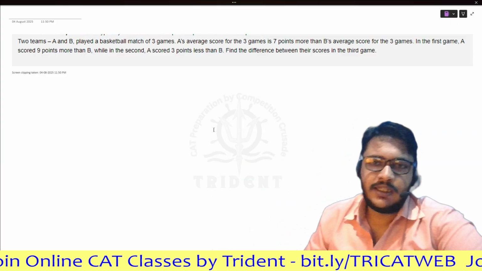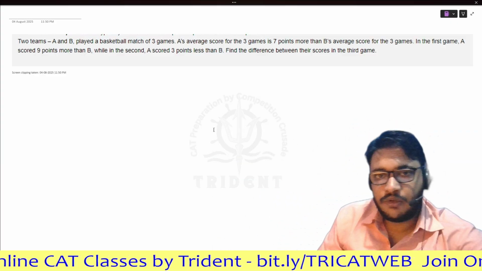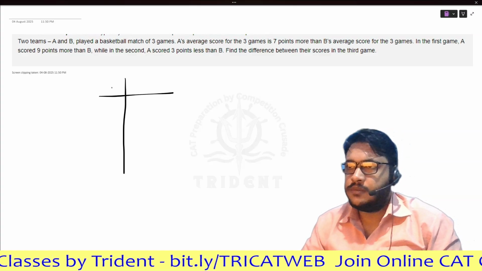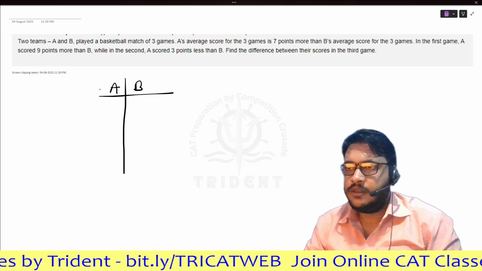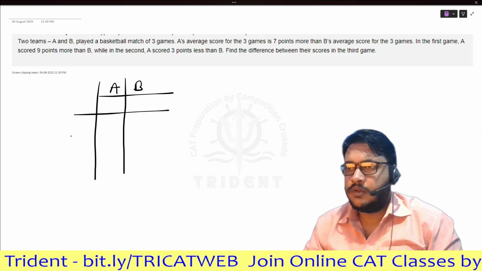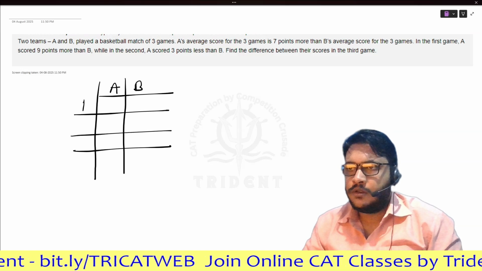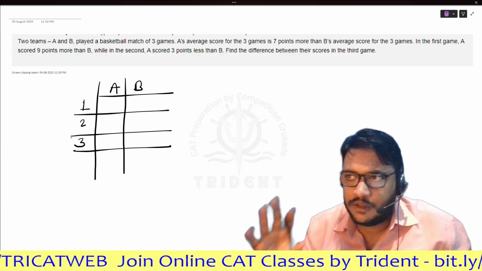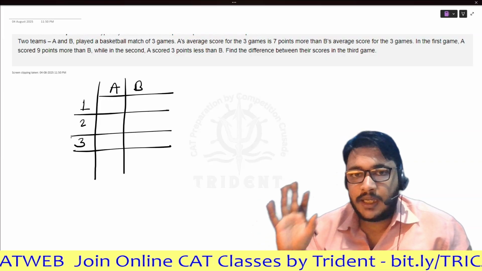Let us tabulate this data, because I don't think without tabulation this could be solved easily. So we have an interesting situation in which we have A and B. So first, second and third. It will always be a good idea to map the data according to what is given.